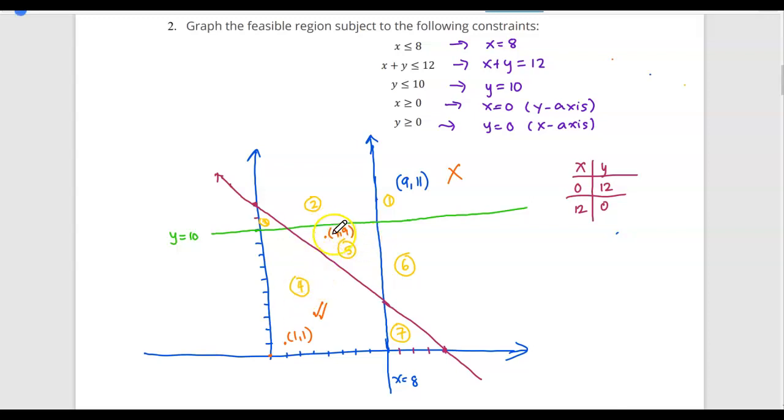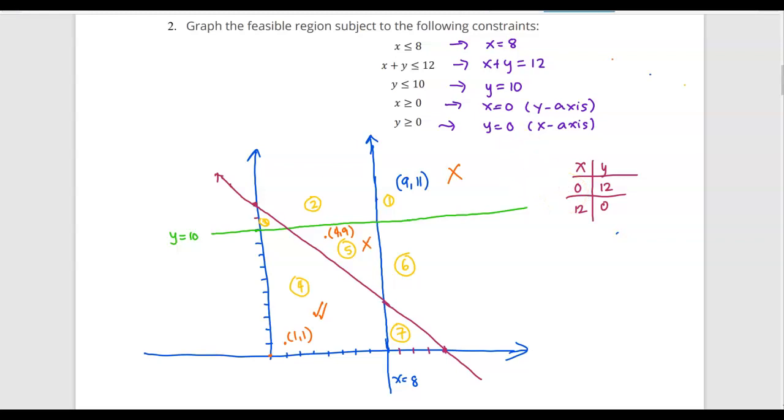Is that in the feasible region? 4 is less than 8, correct. 9 is less than 10, correct. But 4 plus 9 is 13, and that is not less than 12. So this inequality is not satisfied by 4, 9. So indeed, region 5 is not a feasible region.